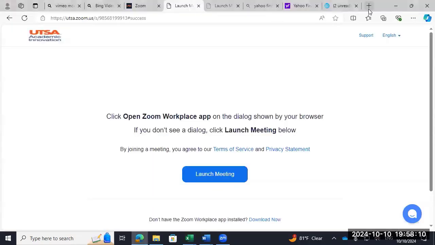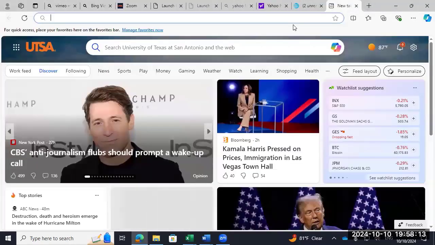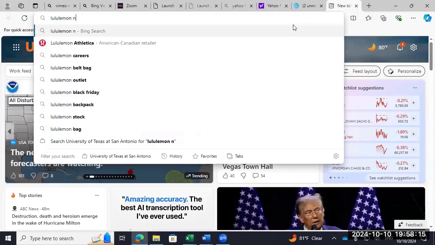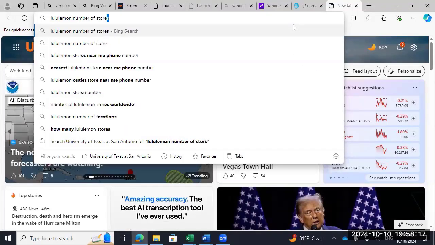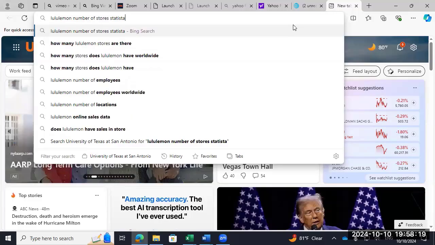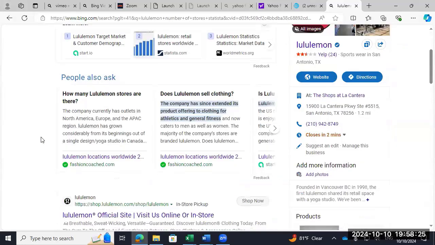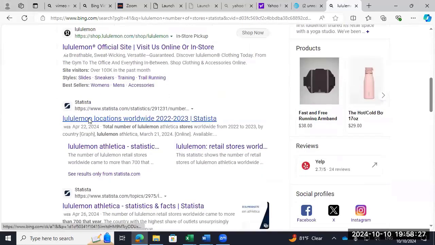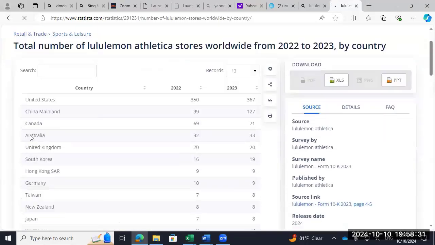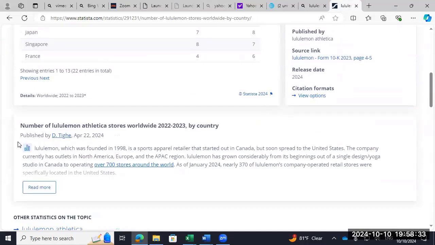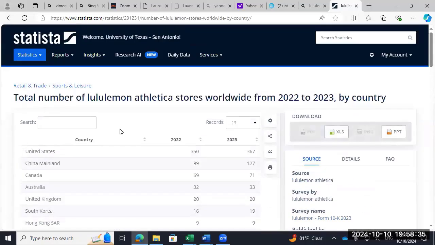So Lululemon's a good example. Capital IQ and Bloomberg did not bring in number of stores. And when you go to Statista, guess what? They fill in those blanks. Lululemon was missing 2 or 3 years.